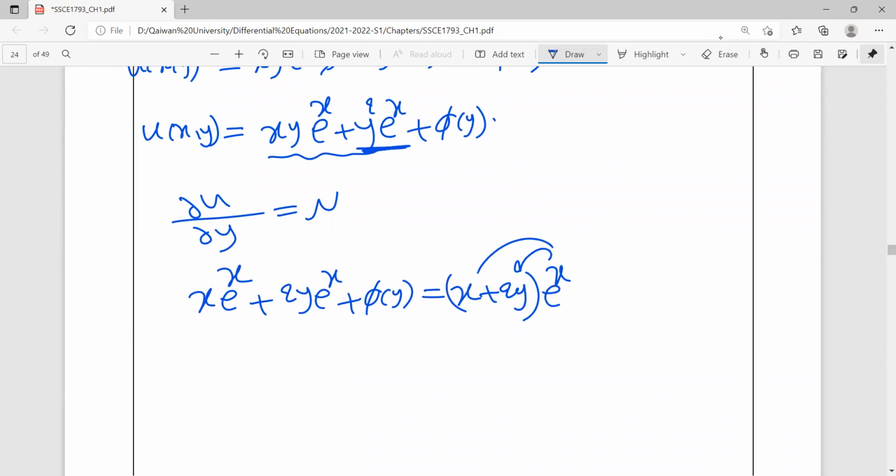If you enter this e^x into the bracket, what do we get? We get x e^x plus 2y e^x.